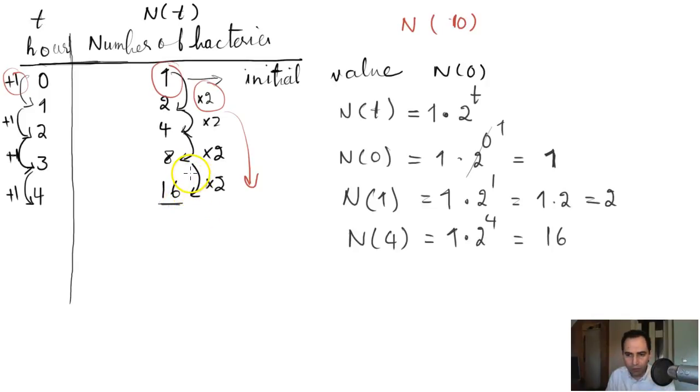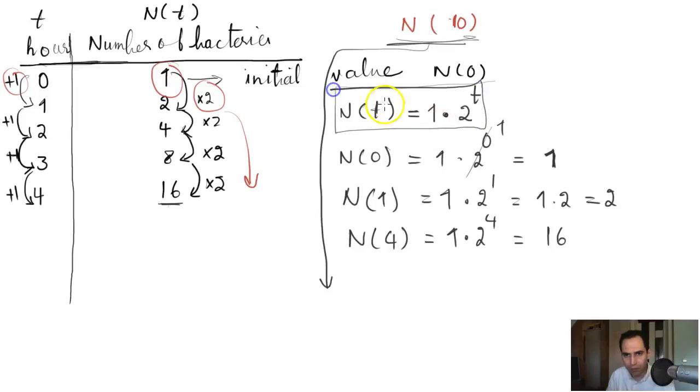And suppose I didn't know the value of the function at t is equal to 10. That's what I wanted to calculate here. That I can again do using the rule that we found here. So now n of 10 is equal to what? 1 into 2 raised to the power 10, and 2 raised to the power 10 is 1024.